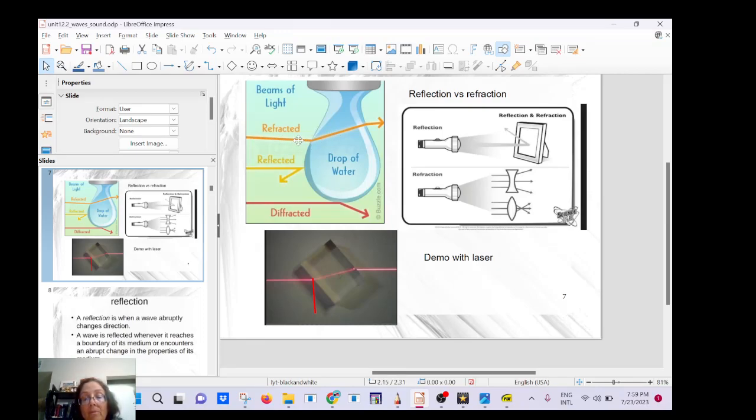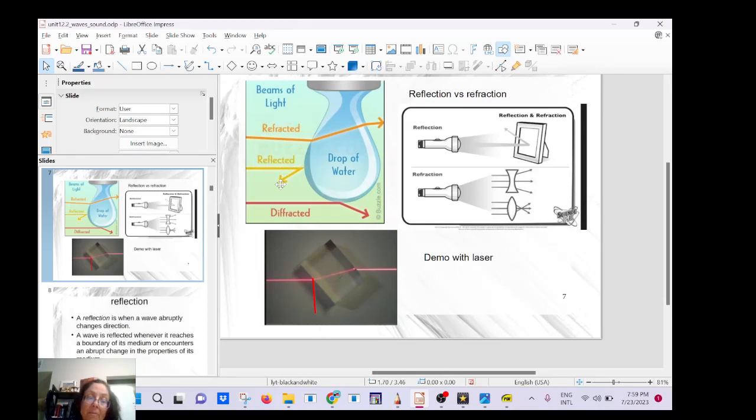So if you go from, for example, with seismic waves, if you go from water to ground, or if you go from the mantle to the outer core, the seismic waves that are P waves, for example, are pressure waves like sound. You see how they can be refracted, okay? So they can bend here. So there is a bending here because the medium is changing property. The density is changing.